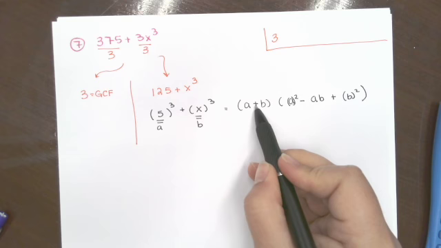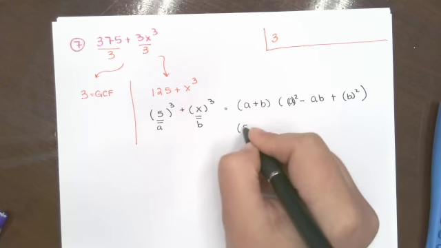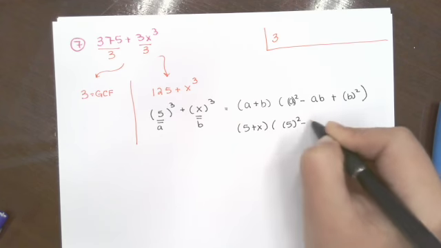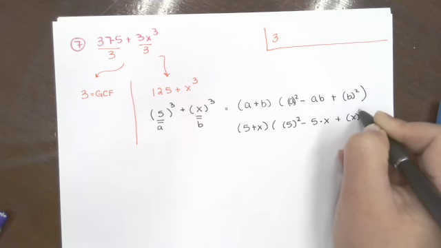So always same, always different, always positive. So we have 5 plus x, 5 squared minus 5 times x plus x squared.